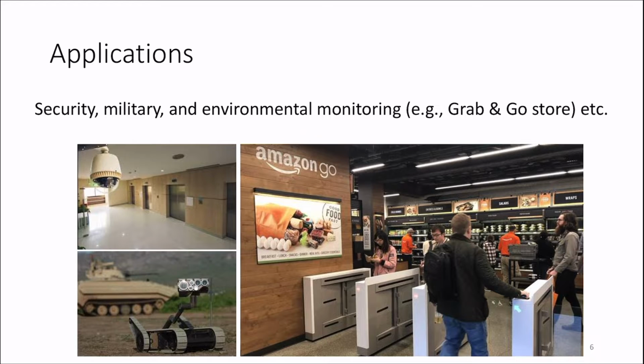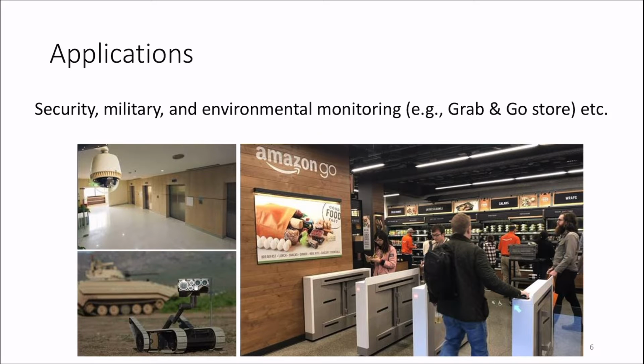If we deploy the visual sensor network into this area, the users of this building can get the information beforehand. For example, if there's an intruder in this elevator area, that information can be monitored and transferred to the user of this building, so they can be prepared to avoid danger or bad things happening. So that's for the security.